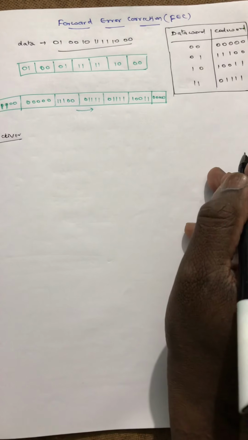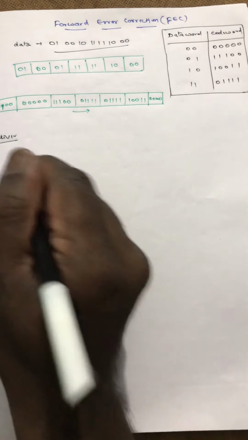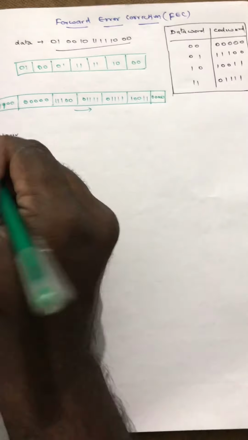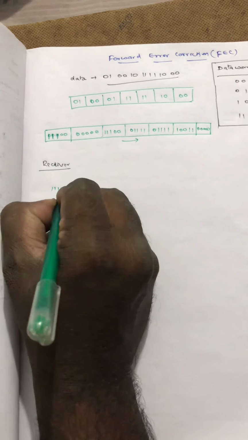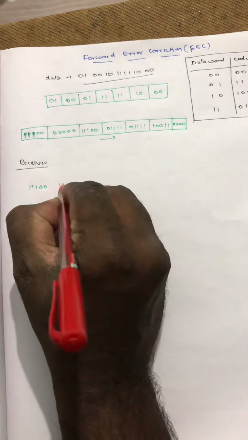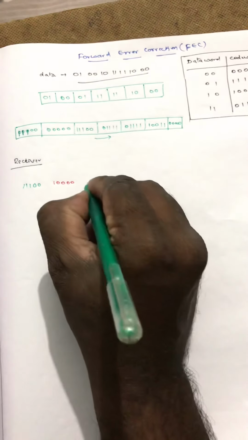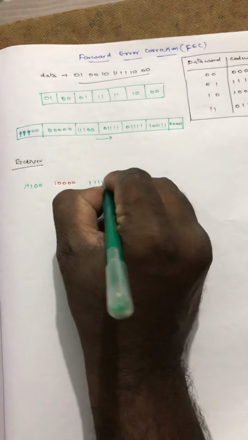So on the receiver side, I have received the frame in this way. Okay, let us assume first byte, that is 1 1 1 0 0. Second part, that is 1 all zeros. Third one, which is 1 1 1 1 0.